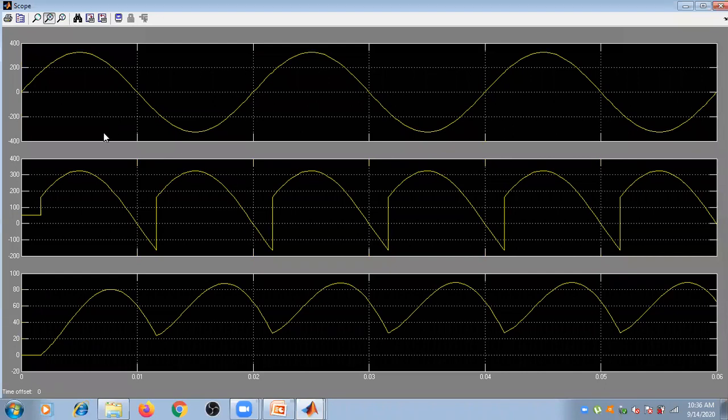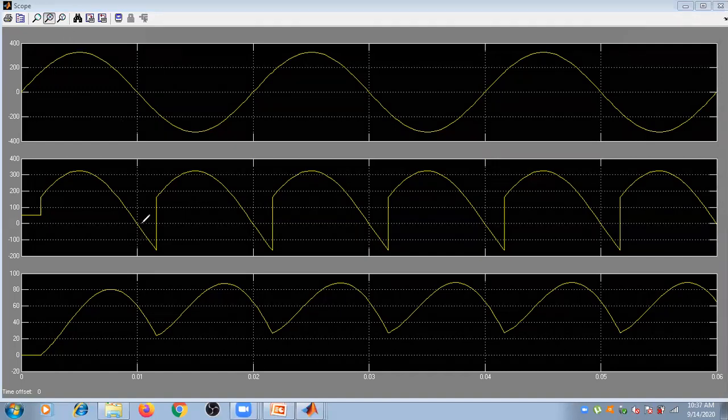Now you can see, I told you that a full wave converter operates in a rectification mode as well as inversion mode. That is because of the inductance effect. Here the inductance value is high. This is the 0 line.